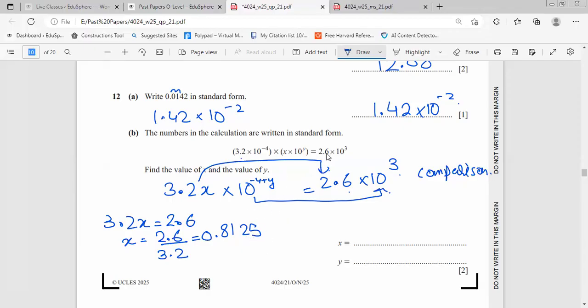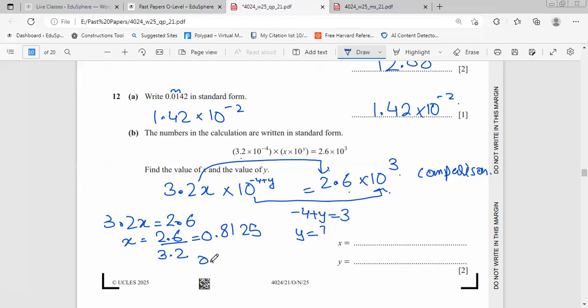Now we are comparing the powers: minus 4 plus y equals 3. So y equals 3 plus 4, which is 7. Now, the answer must be written in standard form.